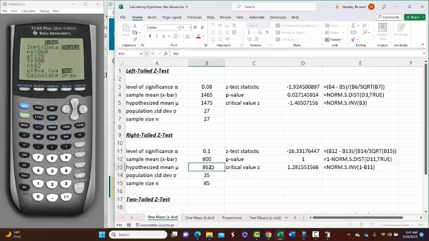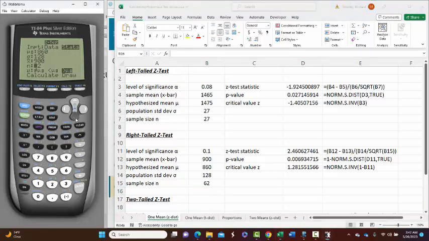All right, we're fixing it up here. Standard deviation is 128. Sample size 62. So there's our 2.46 test statistic. There's the p-value. Then also there's the critical value.